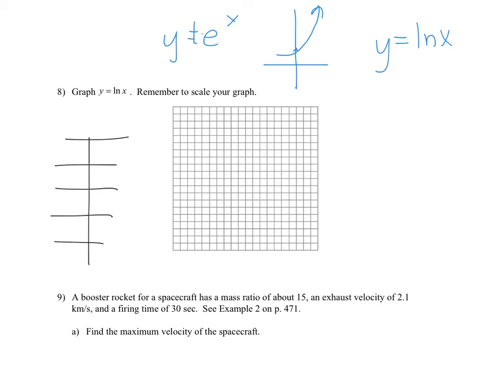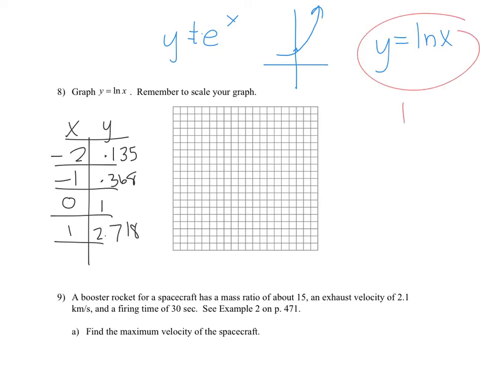Let's make a table of x and y values. If x is -2, -1, 0, 1, then y is 0.135. This is approximate because e is irrational. Then 0.368, 1, and 2.718. And then y equals ln of x is the inverse of it.